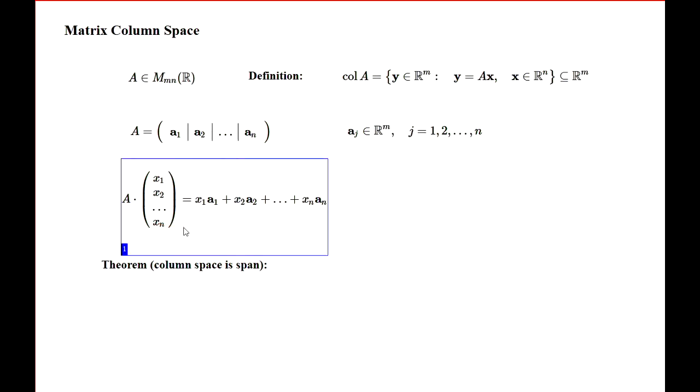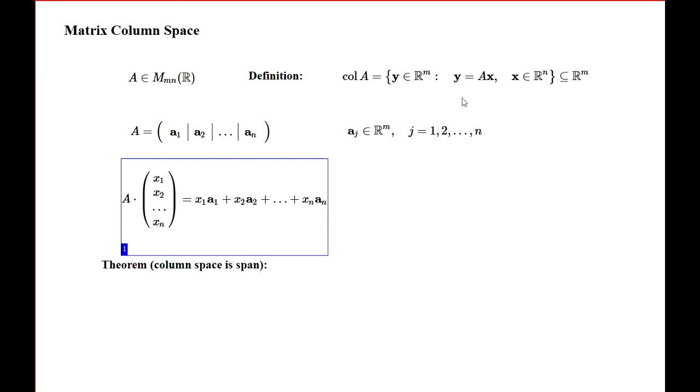If you multiply a matrix by a vector from the right, this is effectively the same as taking the linear combination of the columns of that matrix. It's a very important idea. It's a very simple idea. If you're comfortable with the matrix product, it shouldn't be a surprise to you. But it's a very powerful idea. It sits in many different proofs in linear algebra. So it's very worth remembering this idea.